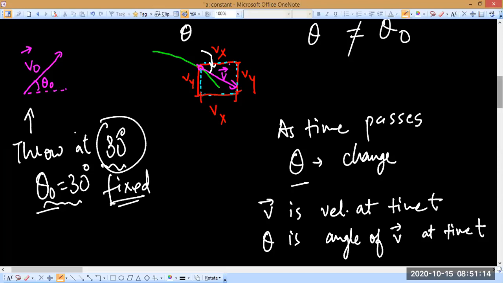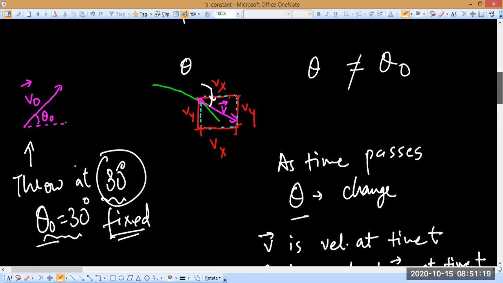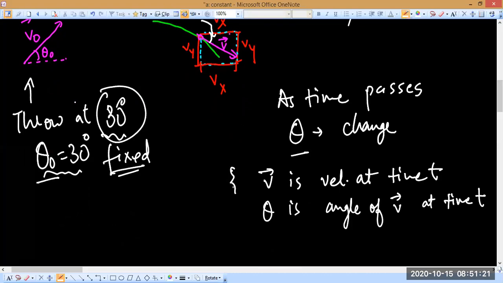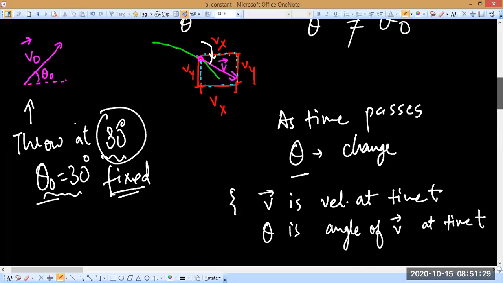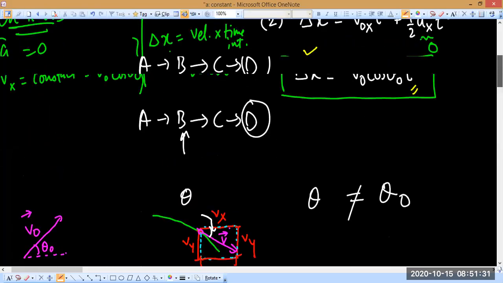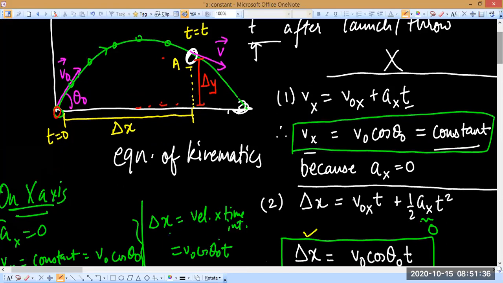So this is what we have been talking about. As time passes, the velocity will continuously change in magnitude and in direction also. So speed will change, direction will change, lots of things are changing, right?